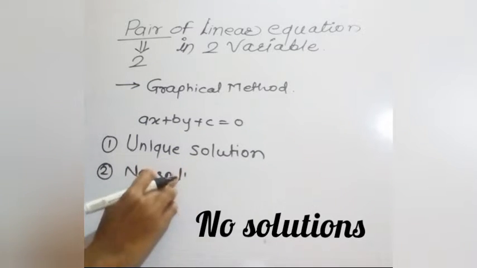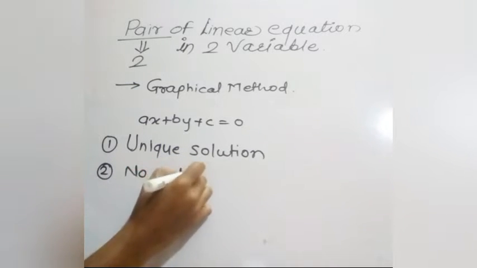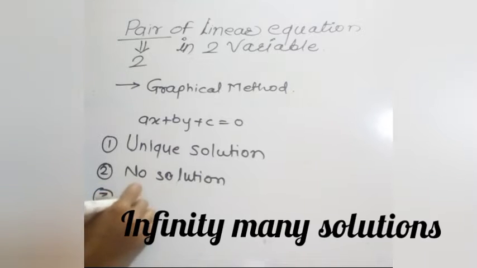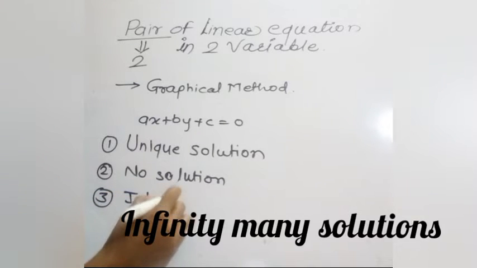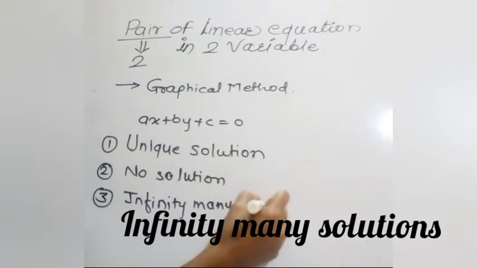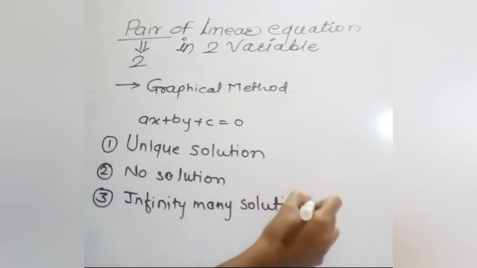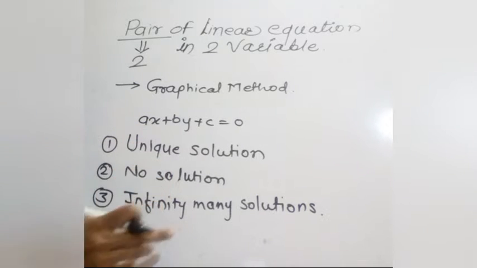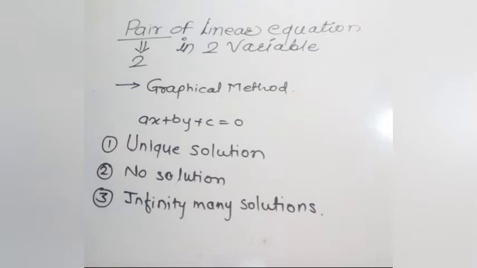Sometimes we don't get a solution for this linear equation, we are unable to find the value of x and y. And sometimes we get infinitely many solutions. These types of solutions we can find in the graphical method.